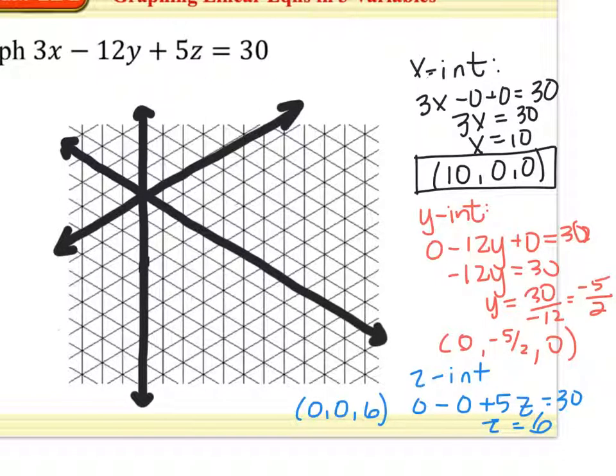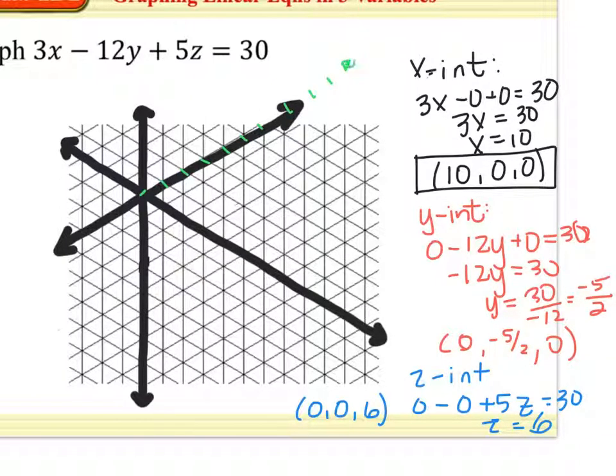So to start out with the x-intercept, I'm going to go 10 units in the positive x direction. So I'm going to start out here at 0, 0, 1, 2, 3, 4, 5, 6, and I'm going to run short, 7, 8, 9, 10.